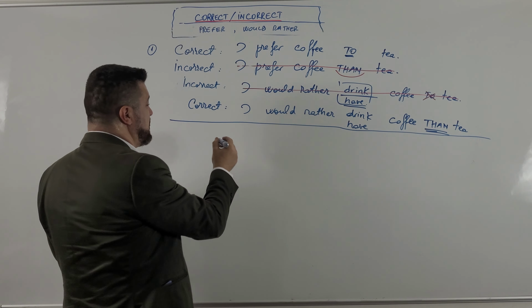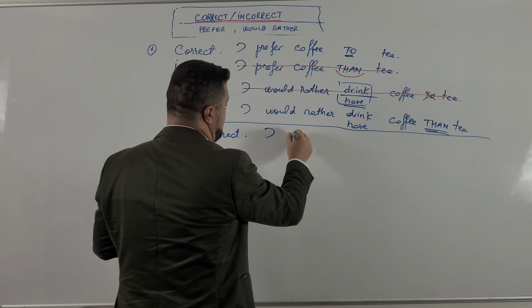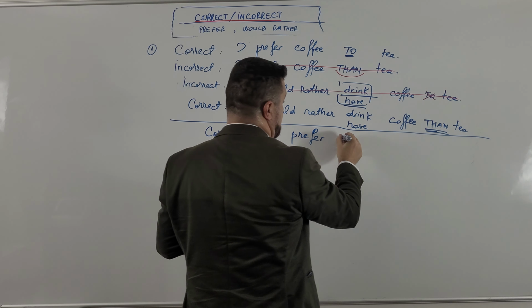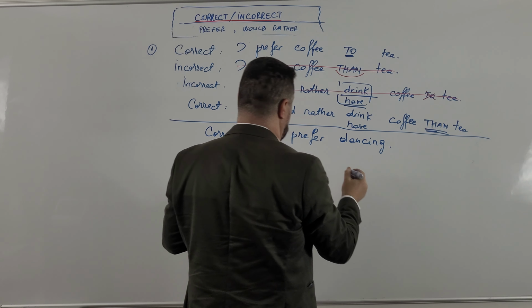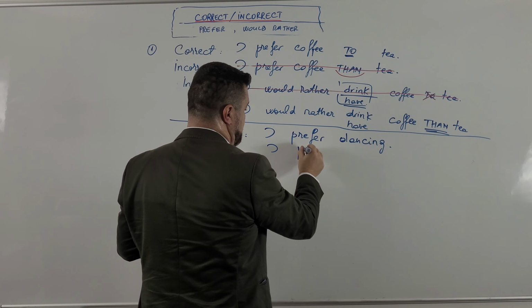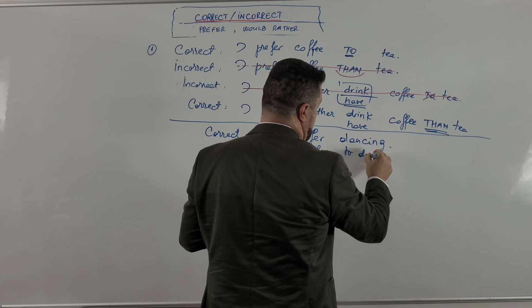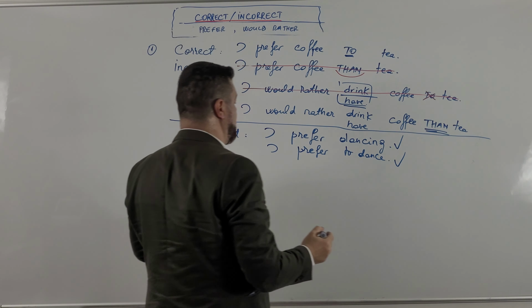So the correct ones: if I use prefer, I prefer dancing, but it's also correct to say I prefer to dance. Correct, correct. Okay?